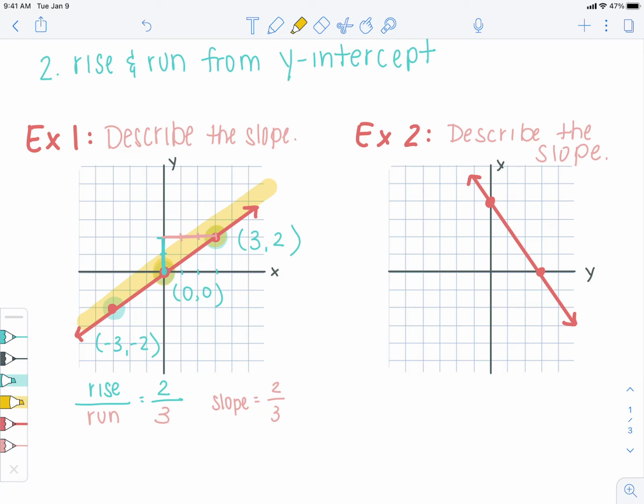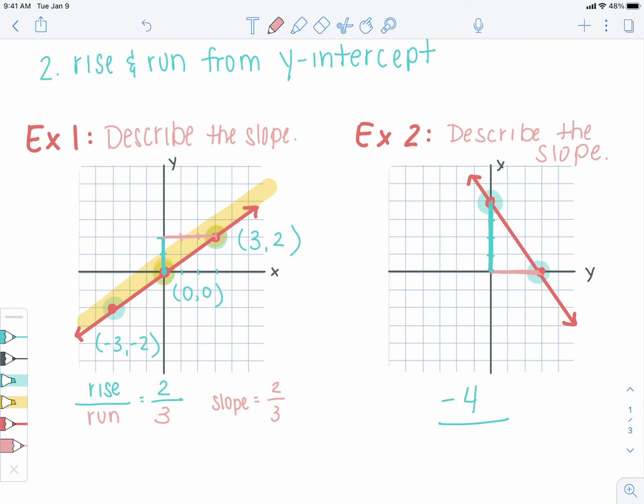And I'll see that again because when I pick my 2 points, I want to see my rise, and I have to go down in order to get to my second point, and then I can go to the right. So because I'm going down, my rise there is 1, 2, 3, negative 4.